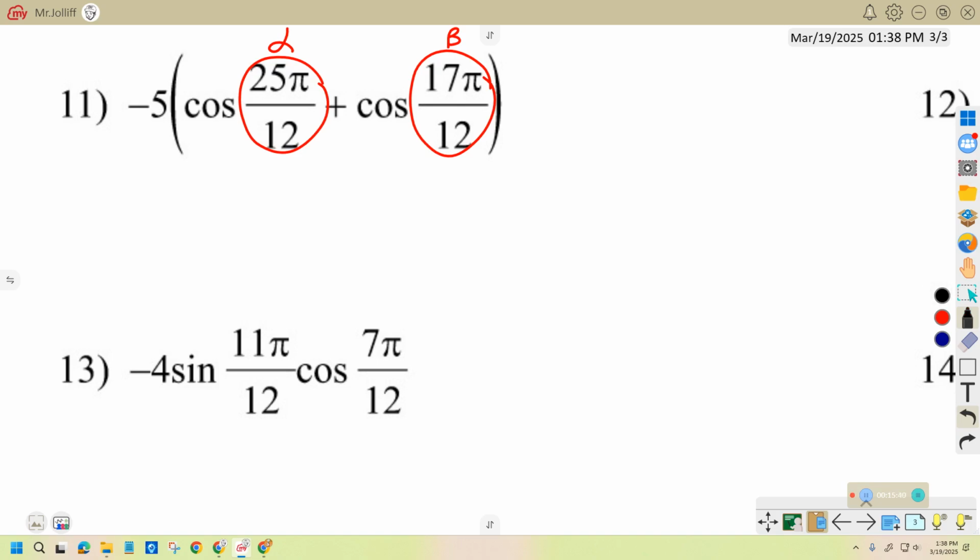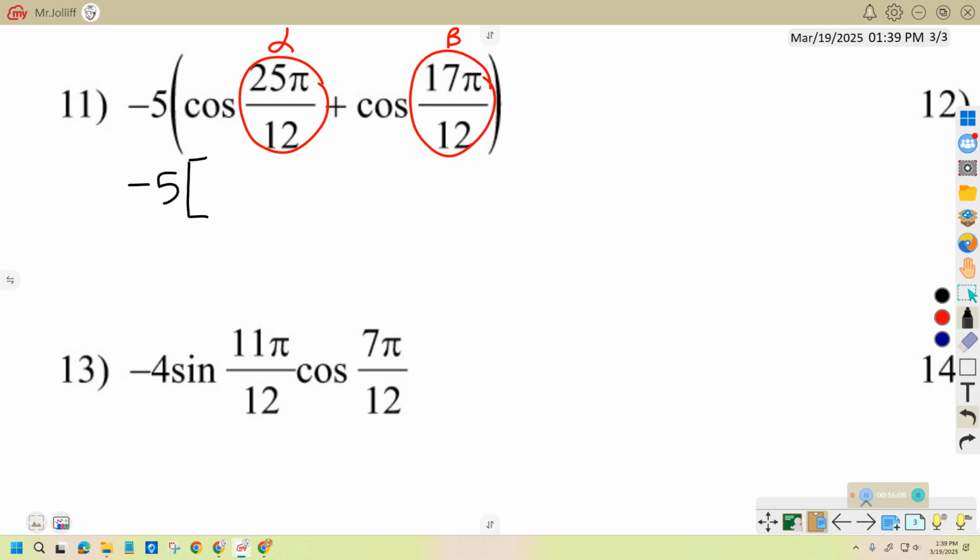So we're using a sum to product. I have a sum, I'm going to turn it into a product. I know the coefficient in front comes along for the ride, so I'm going to have minus 5 times, and then whatever my cos plus cos formula is.